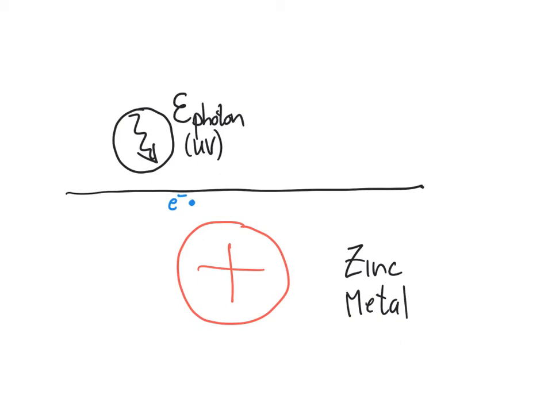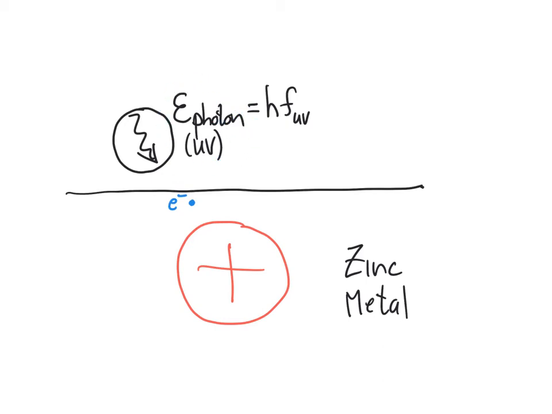Now, with UV, we know that UV light emits electrons. So the frequency of the UV, and let's say it's f UV, times Planck's constant, is going to give us the energy of a photon of ultraviolet light.